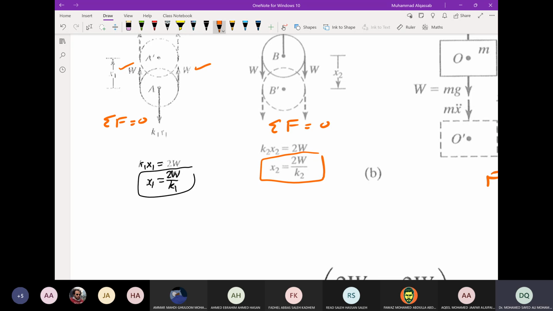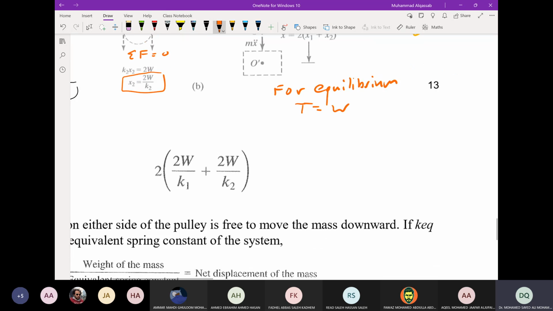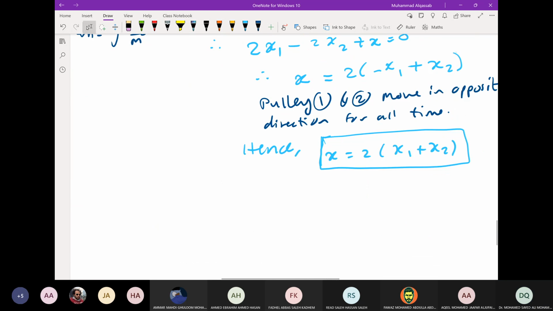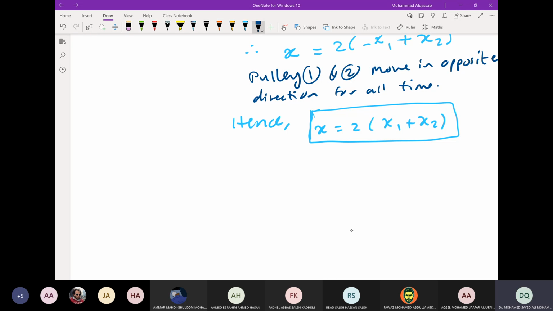So we have an expression for each x. X1 equal to 2W over K1, and X2 equal to 2W over K2. We can substitute in the kinematics relationship here. We obtain that X1 equal to 2W over K1, and X2 equal to 2W over K2.